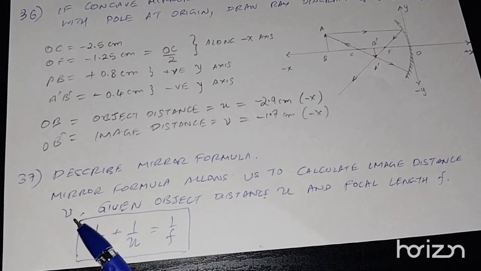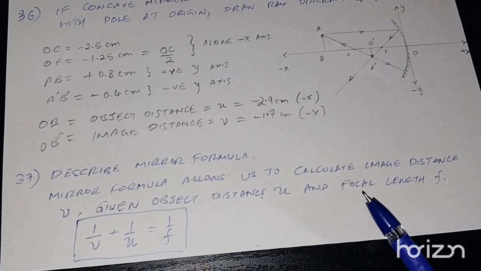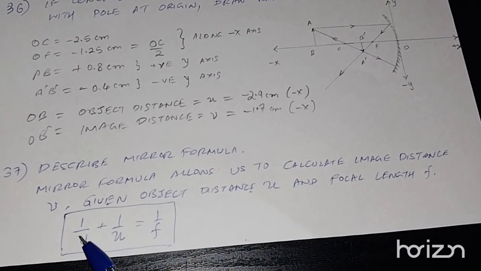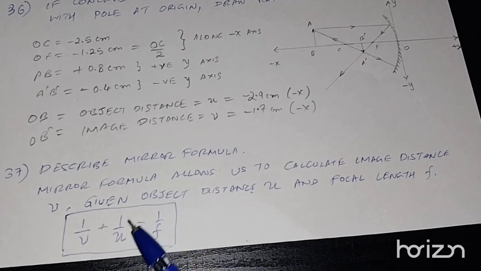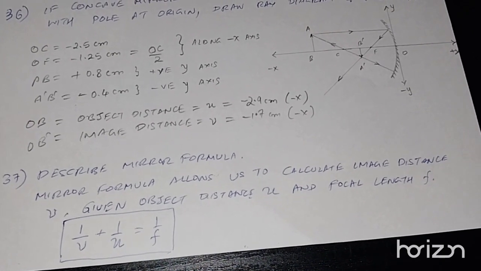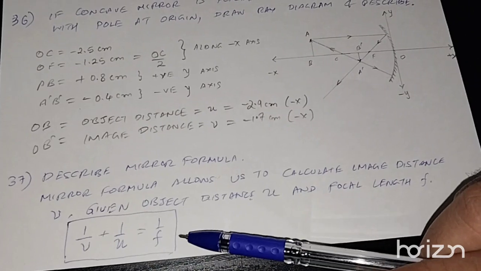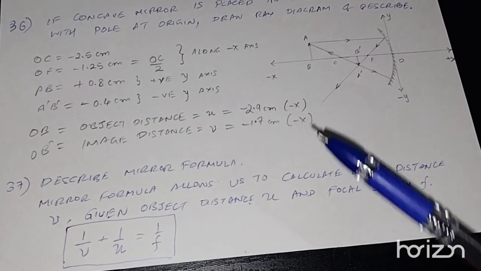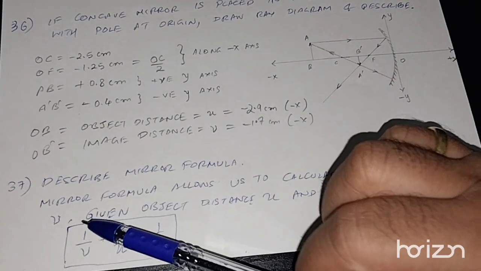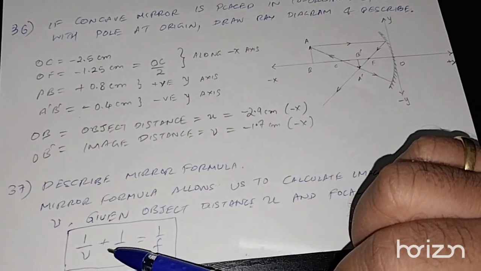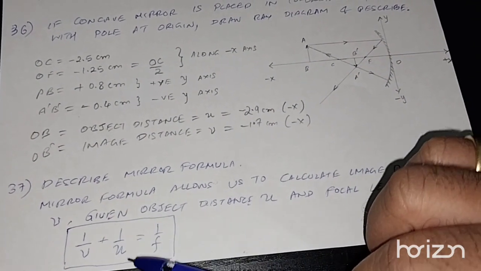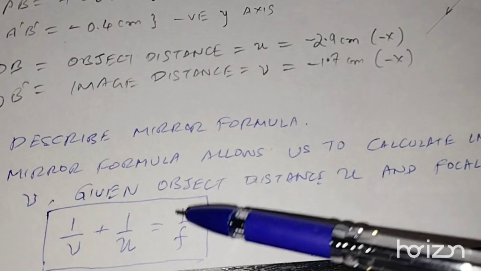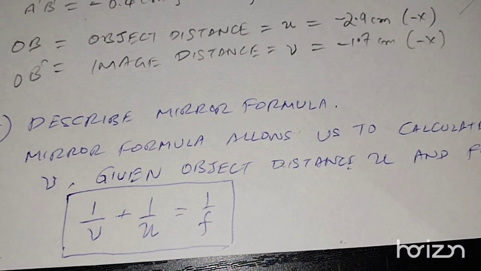If you call v the image distance, u the object distance and f the focal length, 1 upon v plus 1 upon u is equal to 1 upon f. This mirror formula holds good for all cases, for both concave as well as convex mirrors. Please remember this formula.